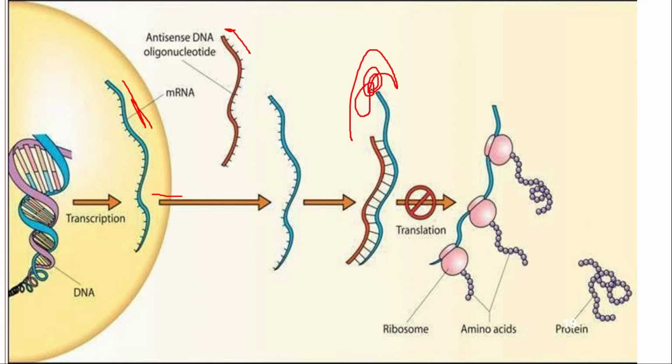Because this is antisense, they inhibit the translation process, and protein synthesis in the ribosome is inhibited, and desired protein formation is also decreased.